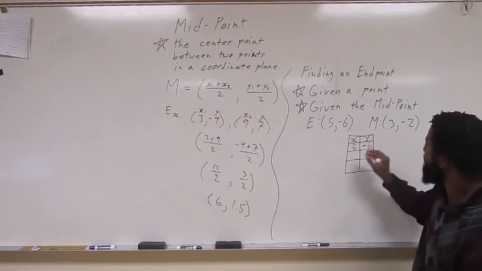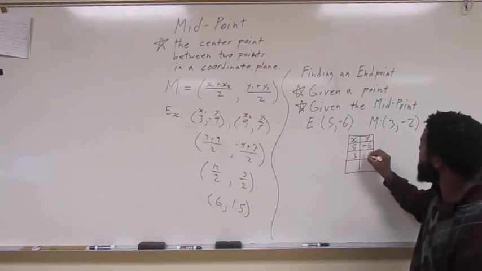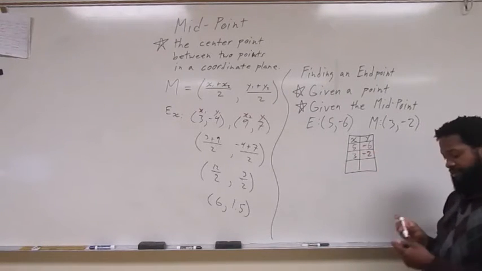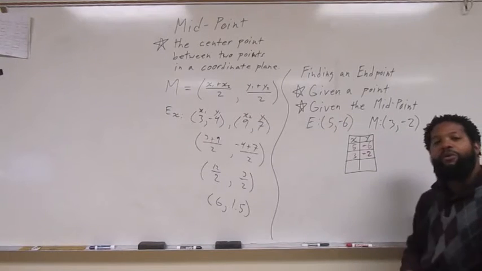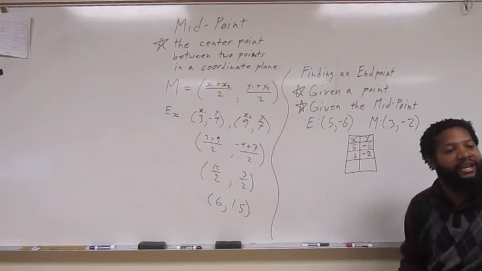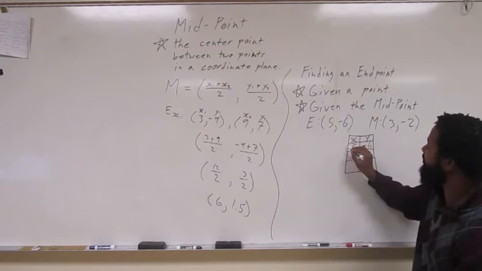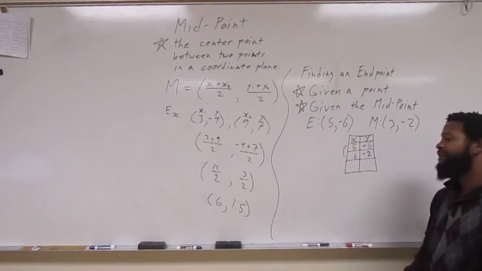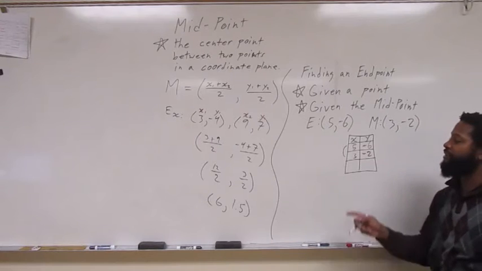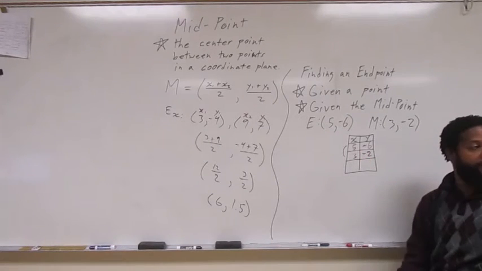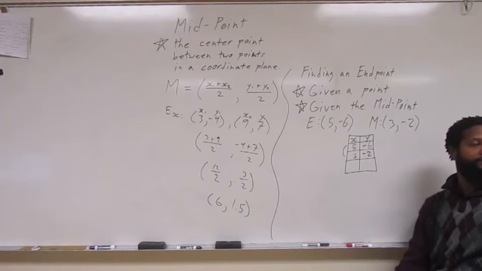Midpoint goes in the center. 3, -2, okay? And what we are going to do is count. We are going to count. This is very simple. How many units are we counting from 5 to 3? Count down from 5 to 3.